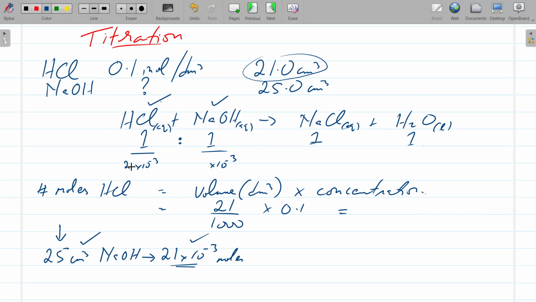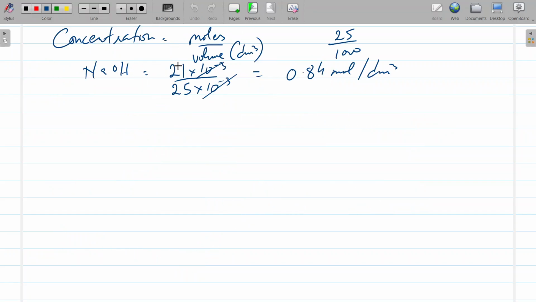So this is 2.1 into 10 to the power minus 3, right? Putting a decimal over here will solve that problem. And so over here it's 2.1, and so that will give me 0.084, not 0.84, 0.084 mole per decimeter cube.